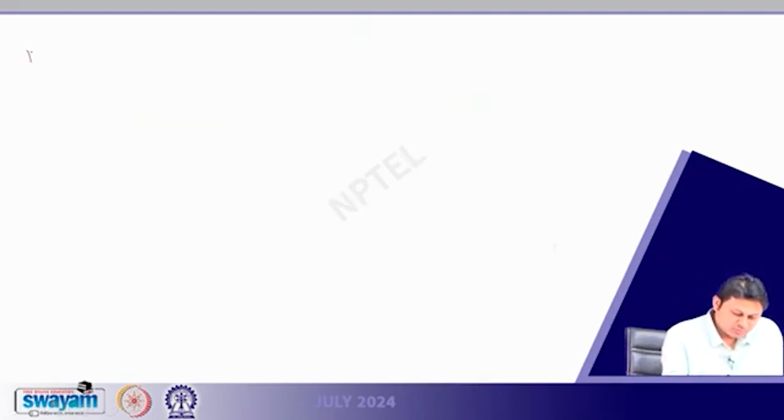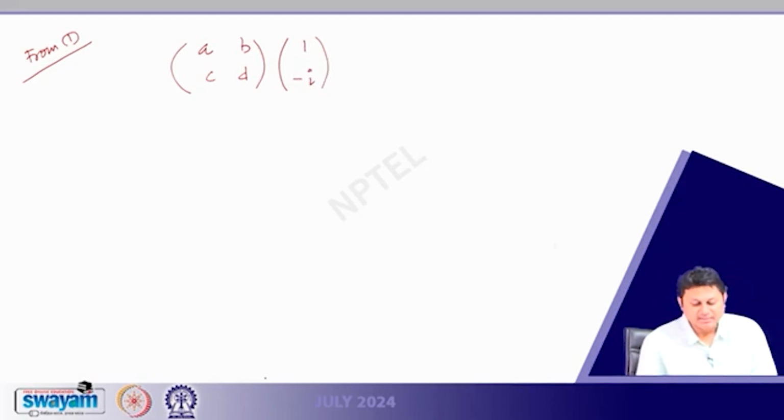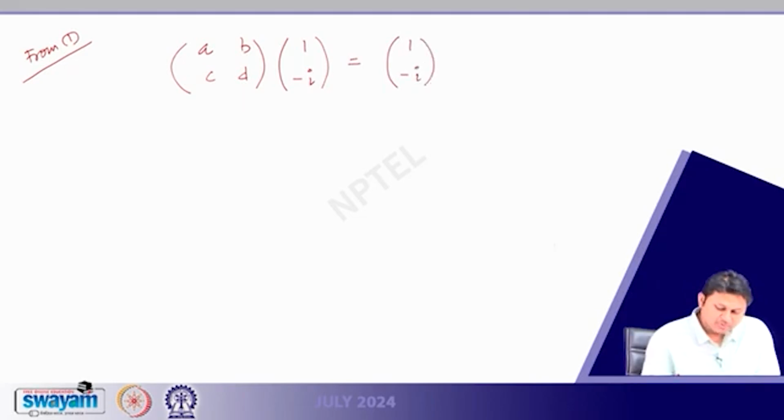So, from condition 1, what I get is M acting on this vector equals the output. The matrix I am writing here, 1 minus i, represents the right circularly polarized light. It will produce right circularly polarized light because I am trying to find the value of M for a right circular polarizer.